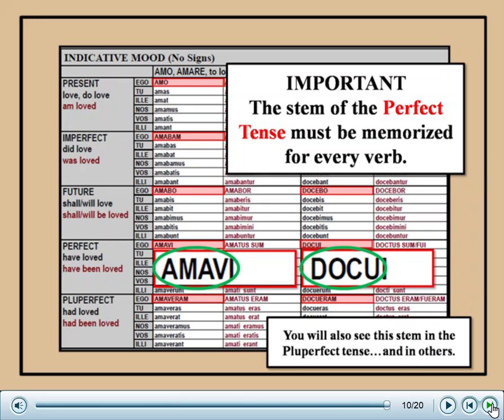This perfect stem must be memorized for every single verb you ever learn. Some verbs have very strange perfect stems. The stem of the perfect tense must be memorized for every verb. This is something to keep an eye on as we continue through our studies of verb forms.